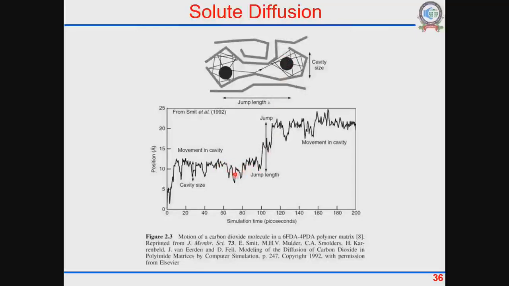When the next cavity appears, the solute is able to jump from one location to another, let's say going from here to here. So one way of thinking about this is to think about the cavities that are formed, which are transient in nature, and the solute jumps from one cavity to another cavity, and that's how it diffuses from one end of the membrane to the other end.